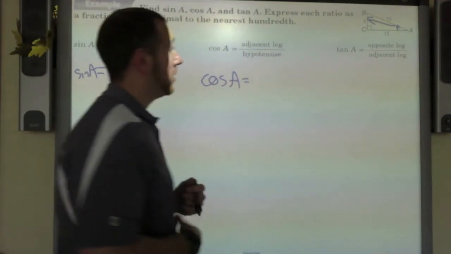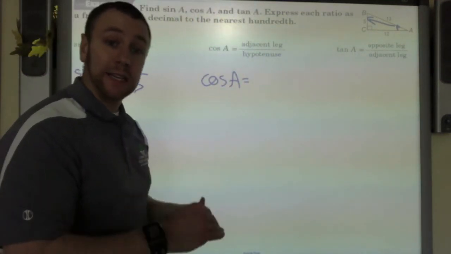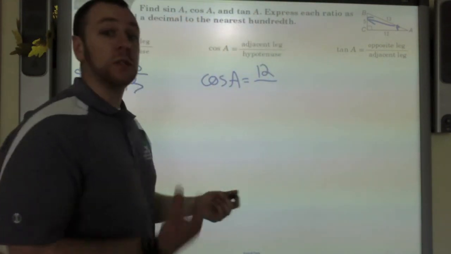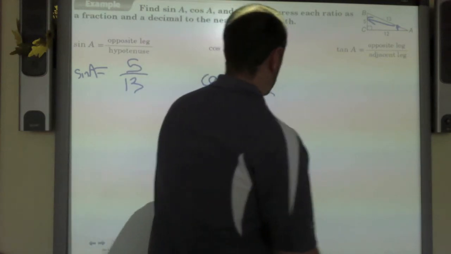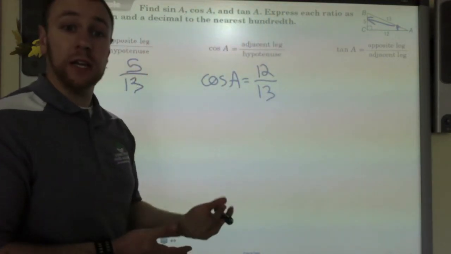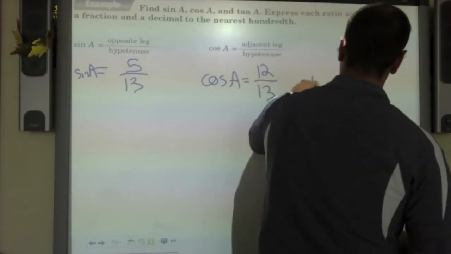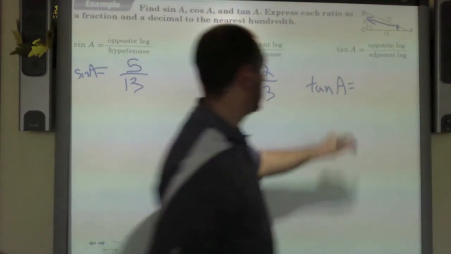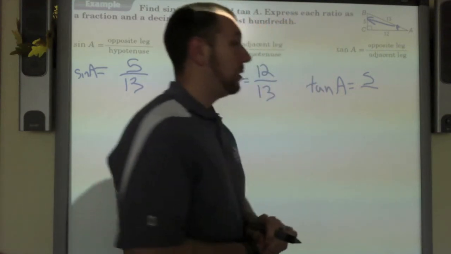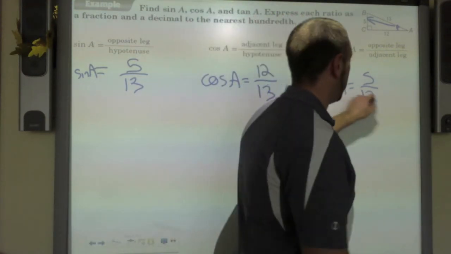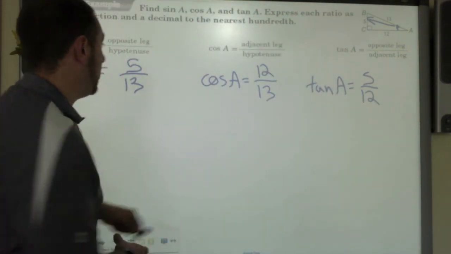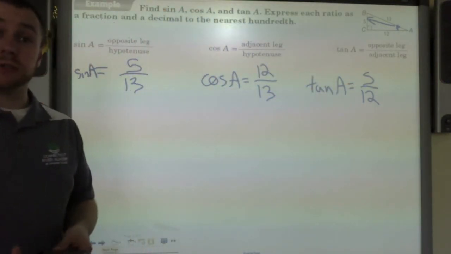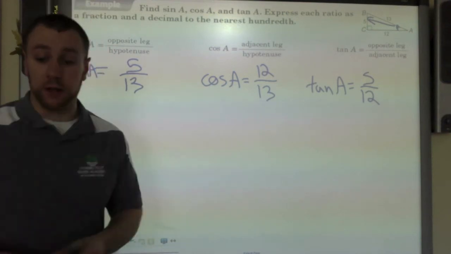What's the hypotenuse of that triangle? 13. Okay, what's the cosine of A? Cosine of A, the adjacent side, the one next to that angle, 12. Hypotenuse always stays at 13. Tangent of A, opposite side, 5. Adjacent side, 12.